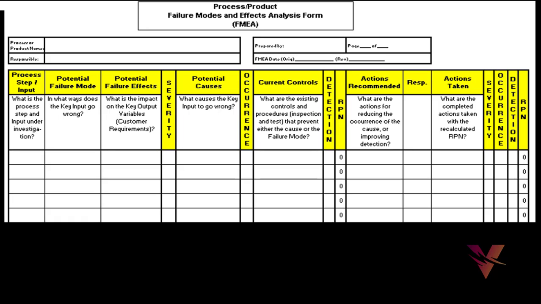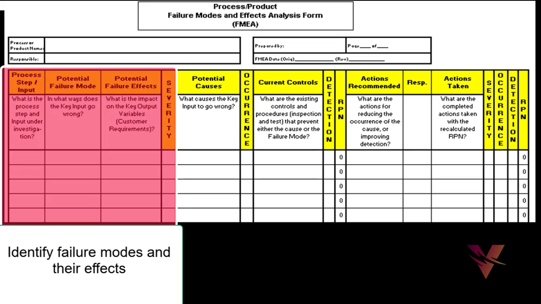So here in this FMEA form, we are dividing this form into four categories. In the first category, the process step, failure mode, potential failure effects, and severity will come in the identify failure modes and their effects section.